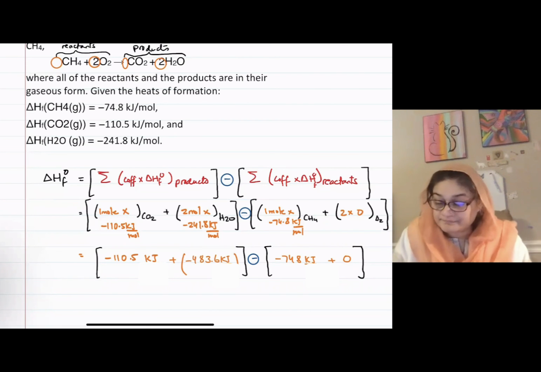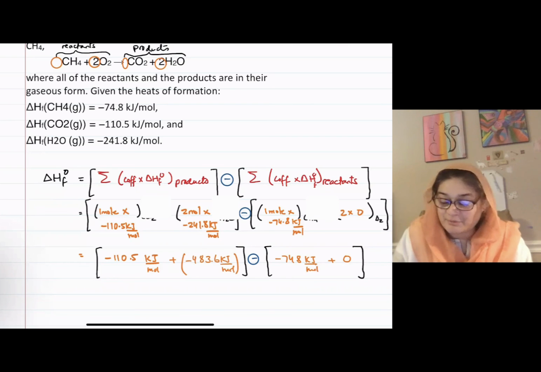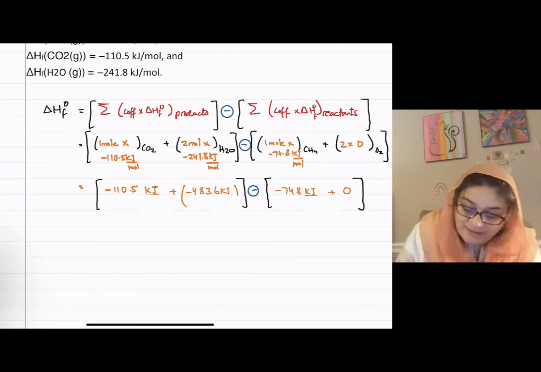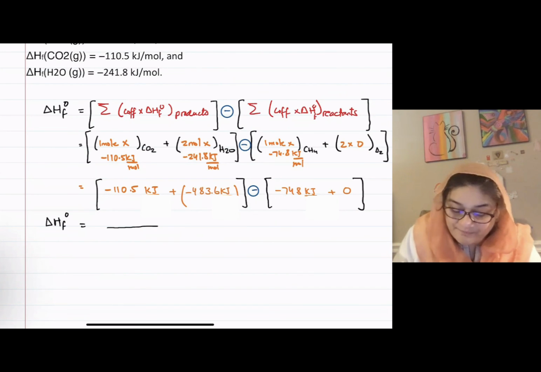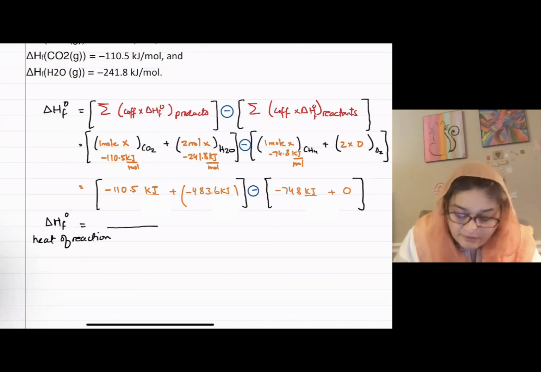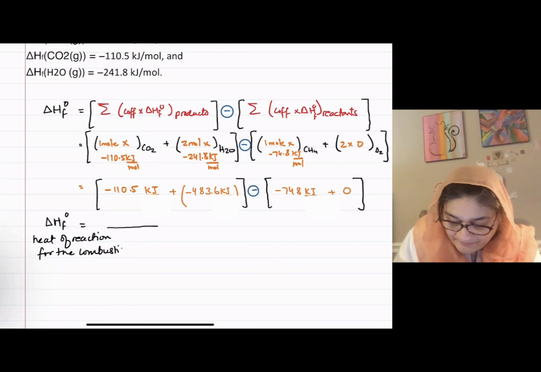Nick said it first. And whatever that number is that comes out is going to be the delta HF0 of the reaction. It'll be called the heat of reaction for the combustion of CH4.